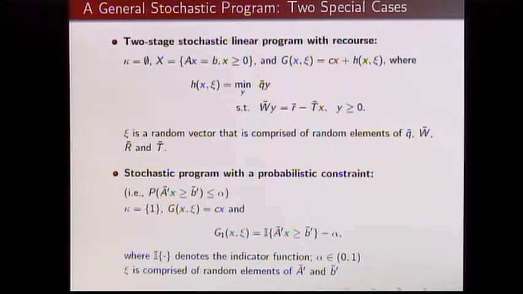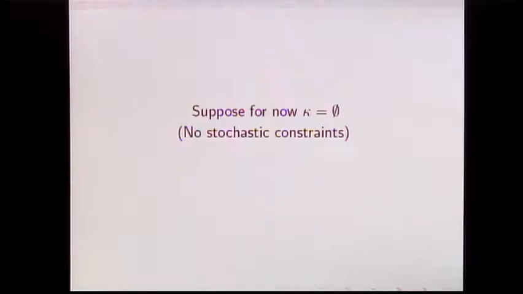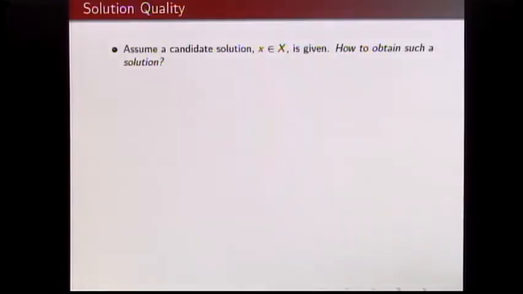Okay, so two types of general problems, for example. So suppose for now I have no stochastic constraints, just like we did in most of the variance reduction material. All right. Now I want to talk about solution quality, all right?